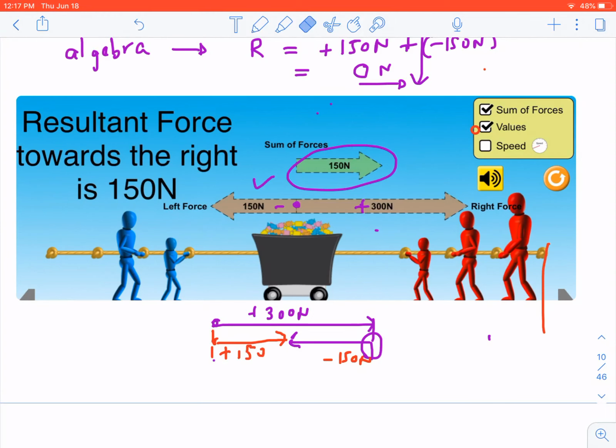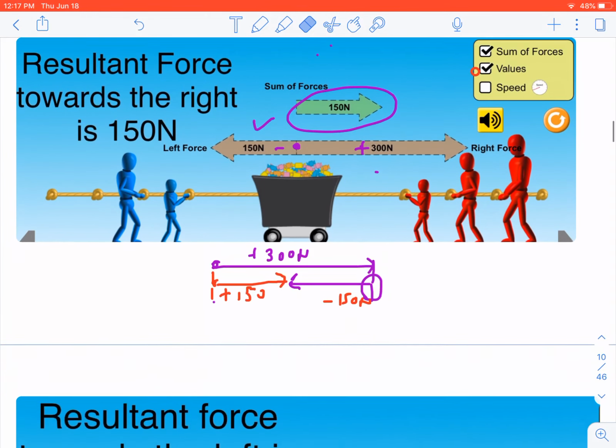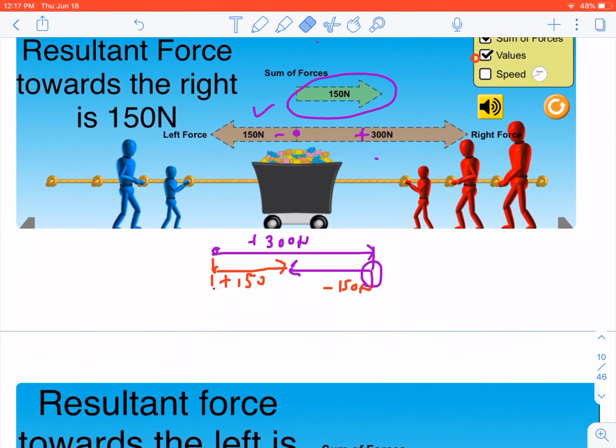But if we are looking at this in terms of algebra, then we say the resultant or the net force is equal to plus 300 newtons plus 150 in the opposite direction, and that gives us plus 150 newtons.